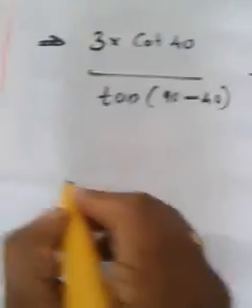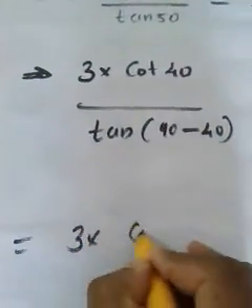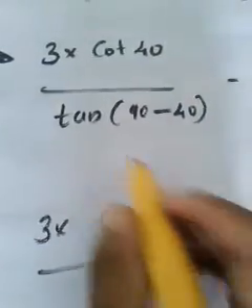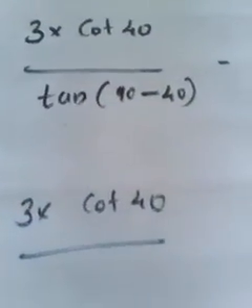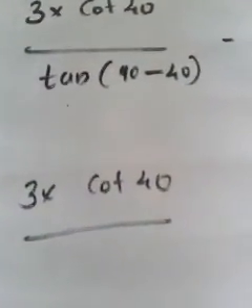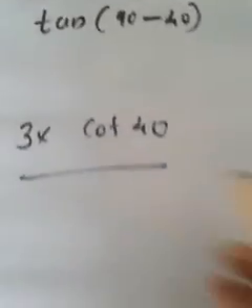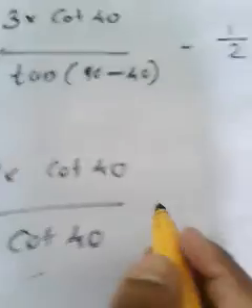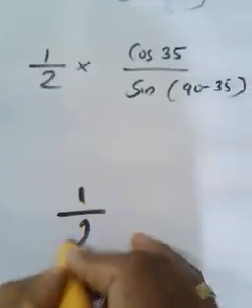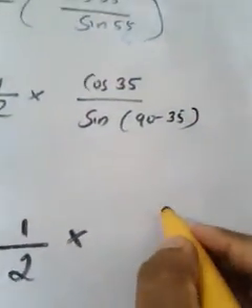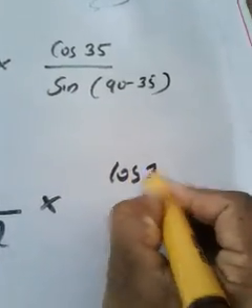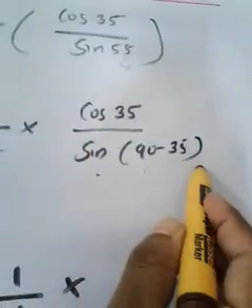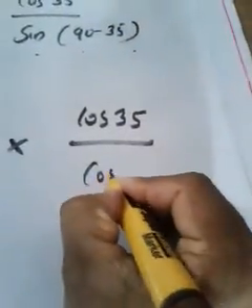Now just see the magic. 3 into cot 40 as it is. What is tan 90 minus something? Of course, tan 90 minus something is cot something. That means tan 90 minus 40 will be cot 40. You may have understood. Minus 1 by 2 into cos 35 as it is. What is sin 90 minus something? Cos something. Here it will be cos 35.